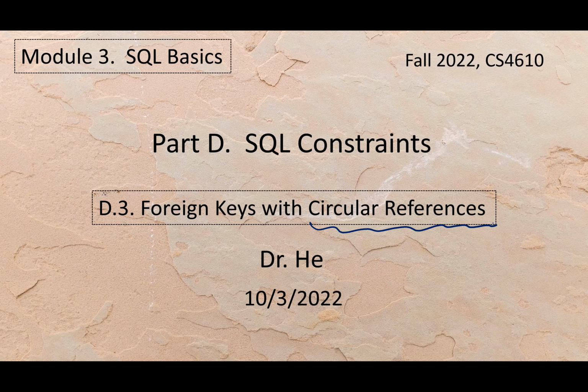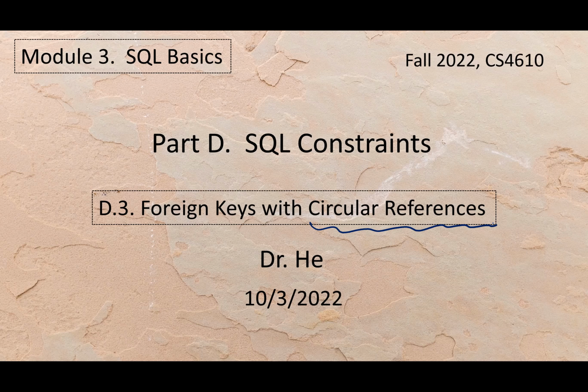In a table, we need to create a foreign key, but that foreign key points to the primary key of the current table itself. That could happen.